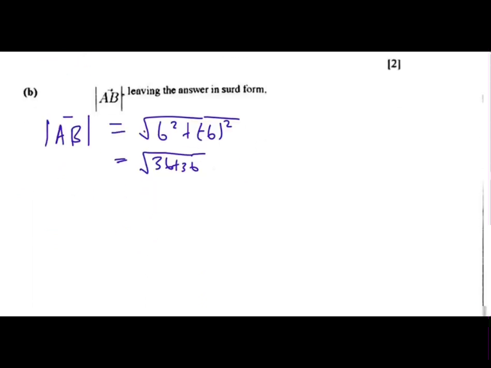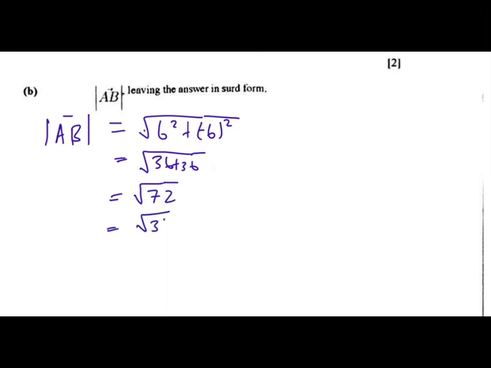And the square root of 72 can be rewritten as a product of 36 and 2, so that we can make it in surd form. So root of 72 can be rewritten as square root of 36 times 2, which is equal to square root of 36 times square root of 2.